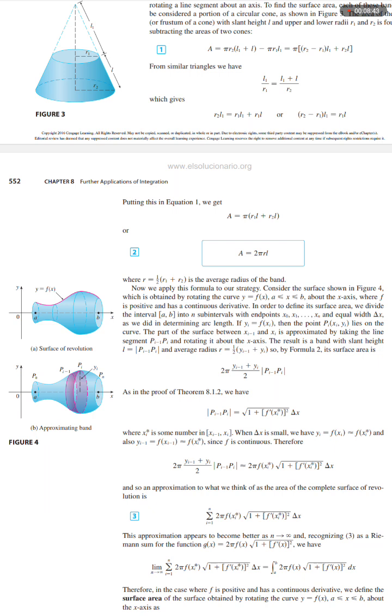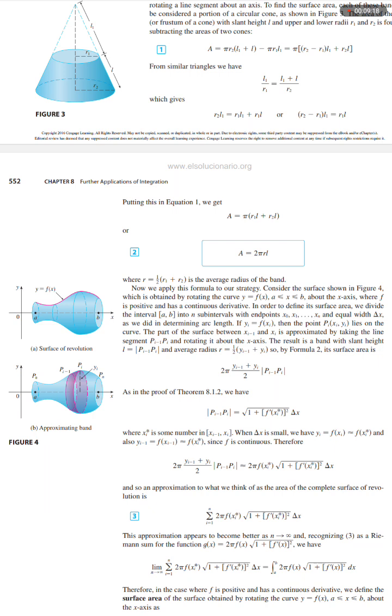If y sub i equals f of x sub i, then the point P sub i (x sub i, y sub i) lies on the curve. The part of the surface between x sub i minus 1 and x sub i is approximated by taking the line segment P sub i minus 1, P sub i, and rotating it about the x-axis.